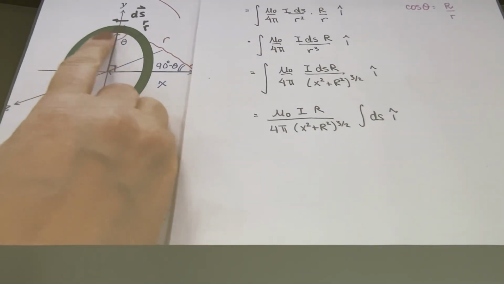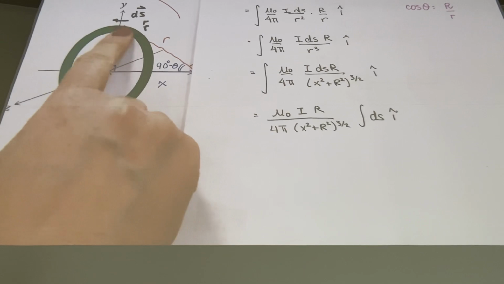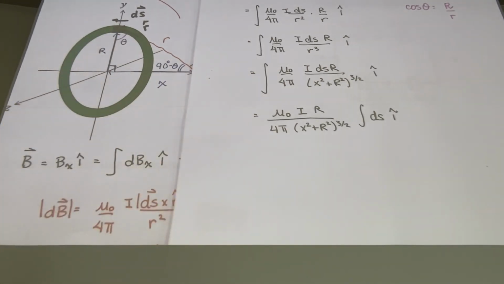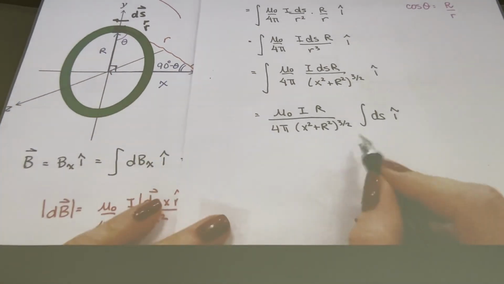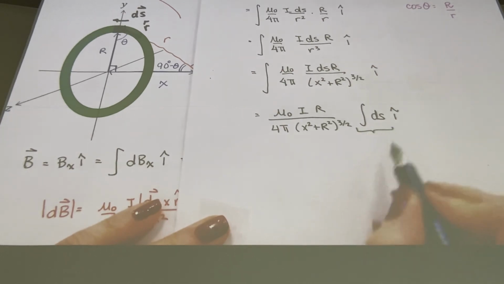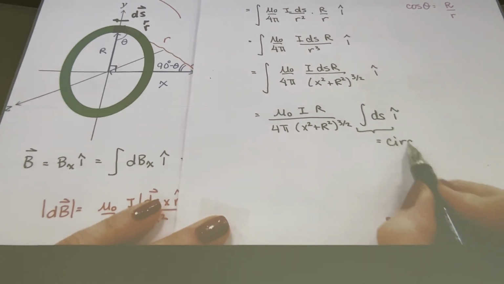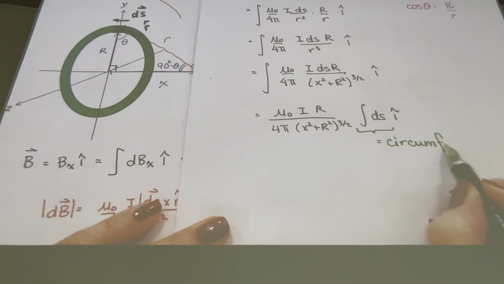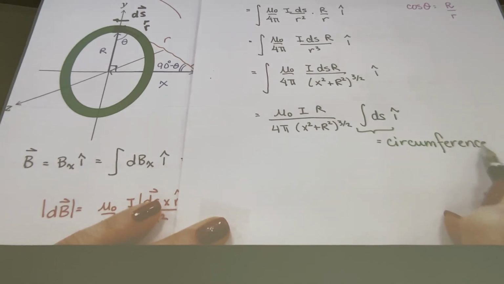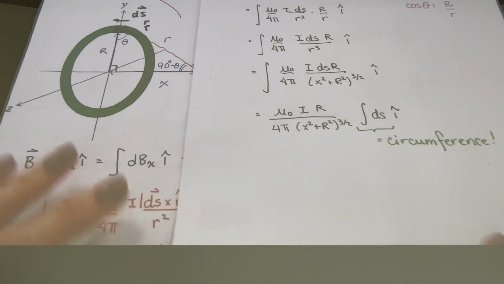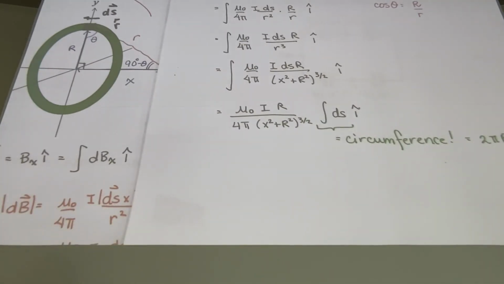So we add up every little length around the circle, and we end up with the total length, which is just the circumference. So 2 pi times the radius for the integral of ds.